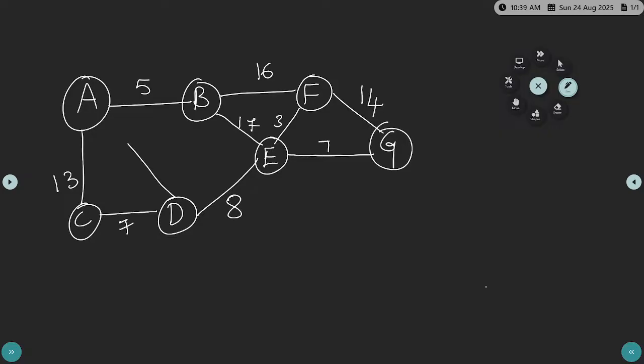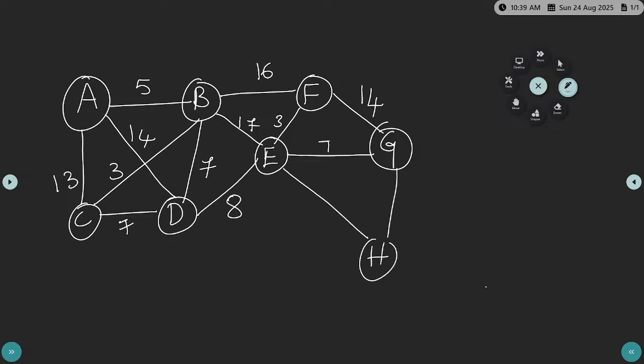Yes, stop talking. Construct the minimum cost spanning tree using Prim's algorithm.